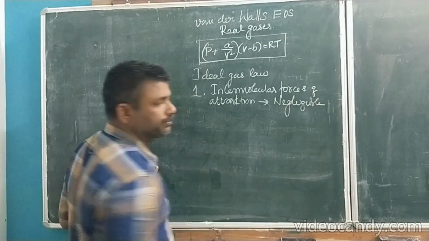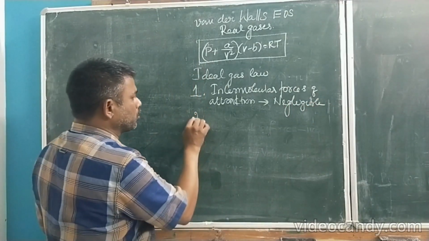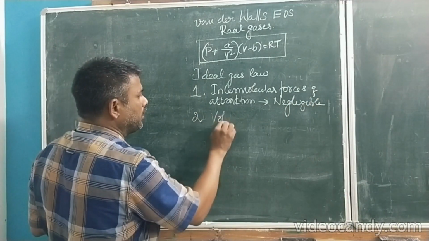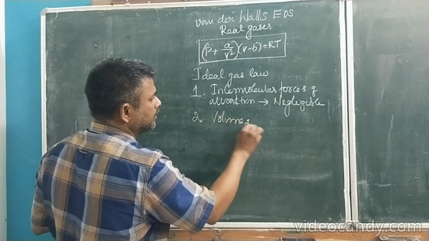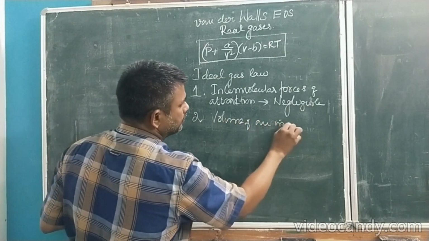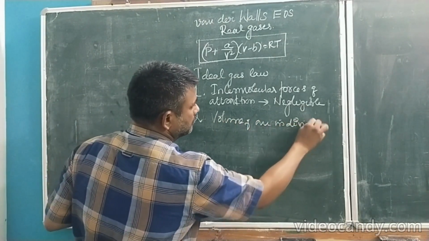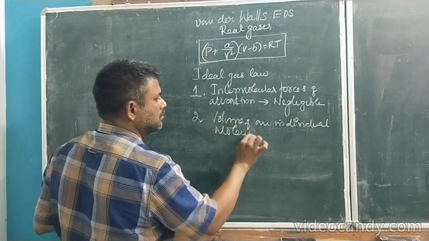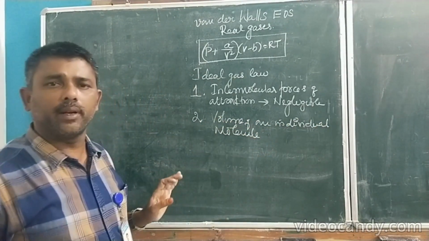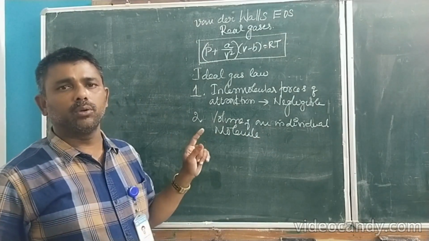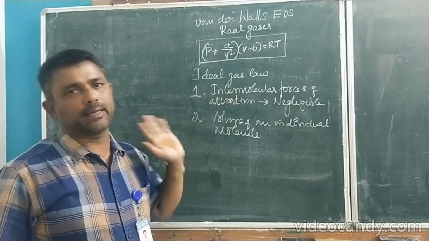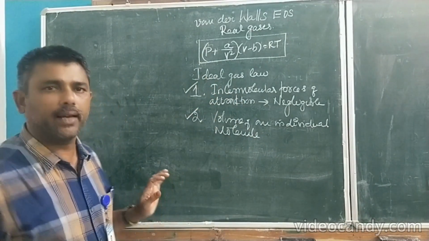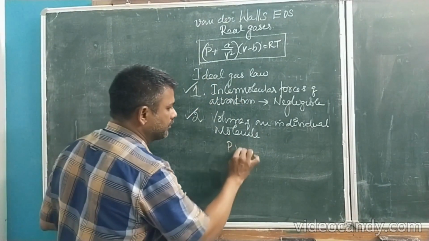Assumption number two: the volume of an individual molecule is assumed to be negligible when compared to the total volume occupied by the gas. Based on these two assumptions, the ideal gas law is formulated.